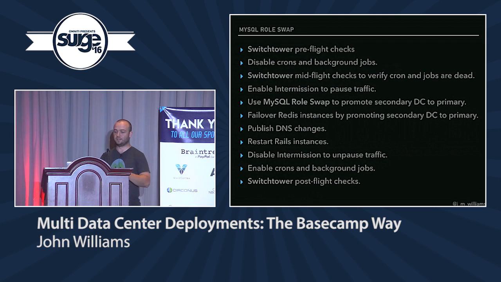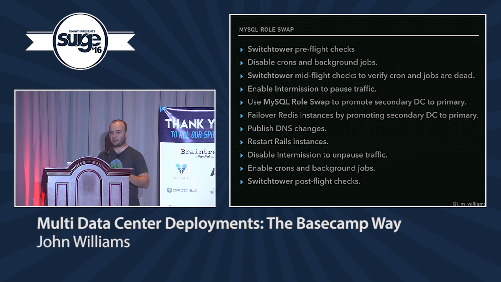Then we disable all the crons and the background jobs that may be running in both data centers. Then we run the switchover mid-flight checks, and that verifies that all of the crons and the jobs are dead, and we're not writing to databases that shouldn't be written to, and that sort of thing.